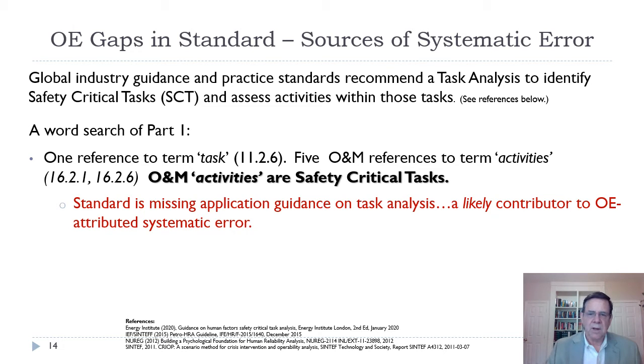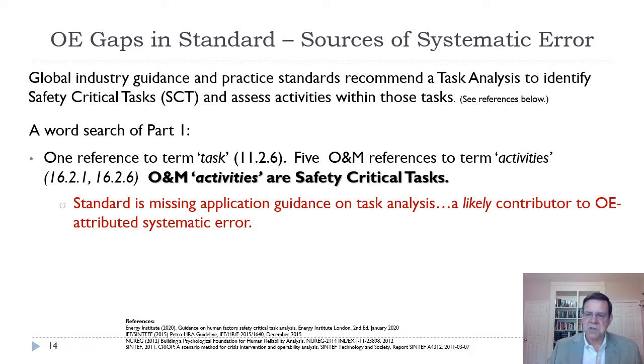And when you look through the O&M section, wherever it uses the term activities, most of those you could have substituted with the term safety critical task. Something as vague as an activity doesn't have a design concept. A safety critical task does. So without having that in there, it doesn't imply that you need to do development of this task.